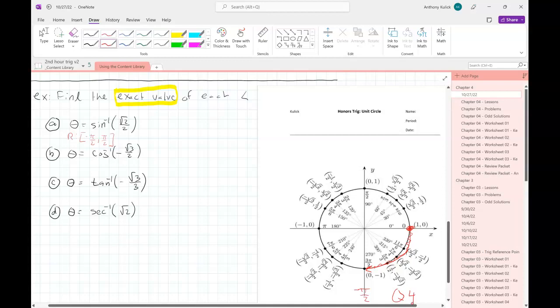Counterclockwise. So again, starting at the positive x-axis, I go here to positive pi over 2. What quadrant did I cover there? 1. So we're looking in quadrants 1 and 4. Everybody okay with that? So far, so good?